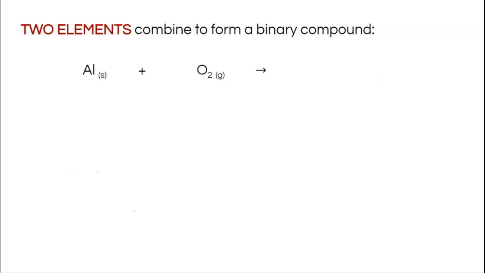Okay, and so that's important to consider. So we want to look at our periodic table to see the most common ionic charge for these particular atoms. Okay, and so when we look at aluminum, you should be able to identify that aluminum has a charge of +3 and oxygen has a charge of -2.